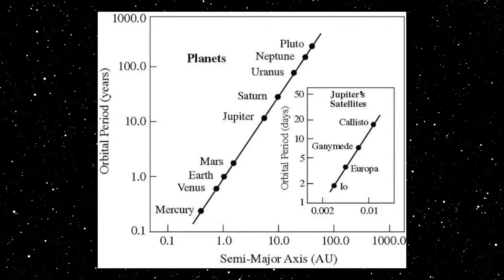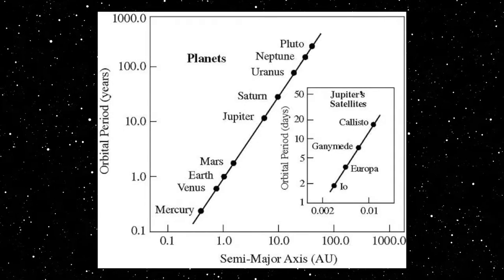The square of the period is equal to the semi-major axis cubed. So, Kepler's third law states that the ratio between the cube of the semi-major axis of the orbit and the square of the period of revolution is the same for all the planets.